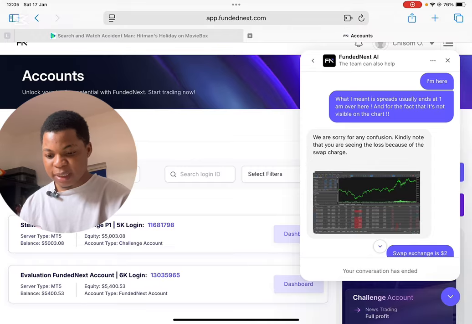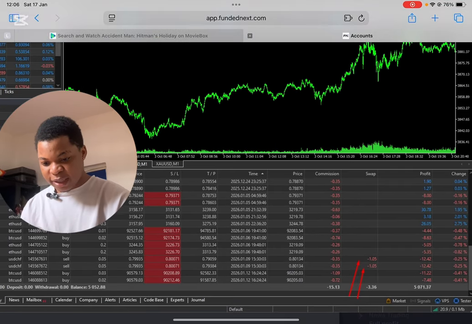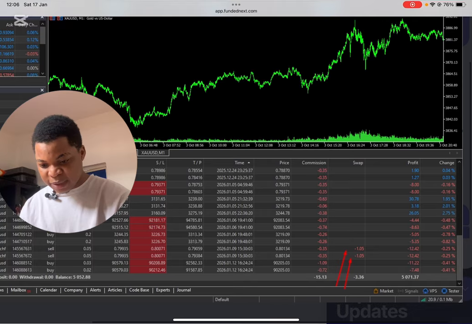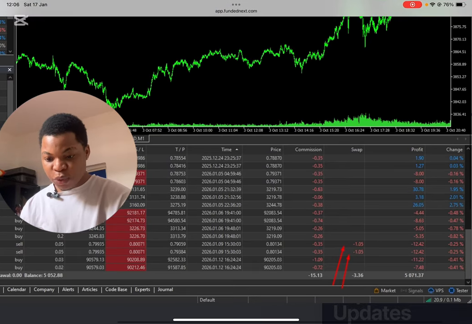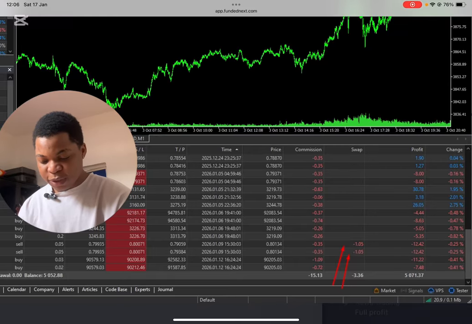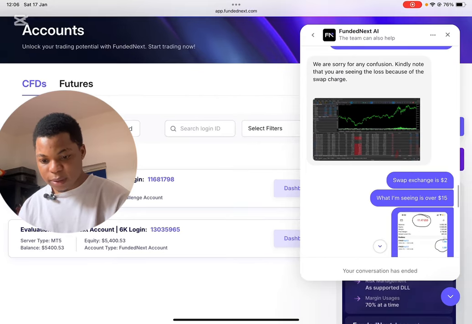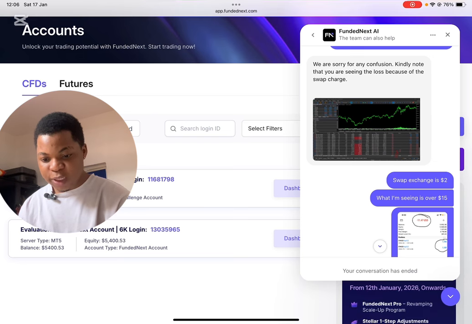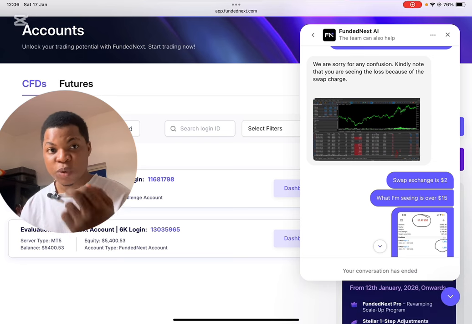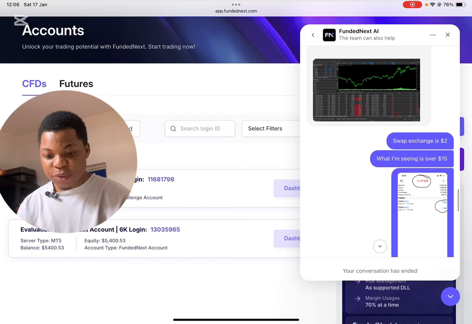So this was when he sent the charts. Now this is the first chart that he sent here, and as you can see, his arrow is showing 1.05 cents. You understand? So I replied to him and said the swap fee, like swap exchange, is $2 regarding the $1 that I'm seeing over here, and what I'm seeing over here is over $15.